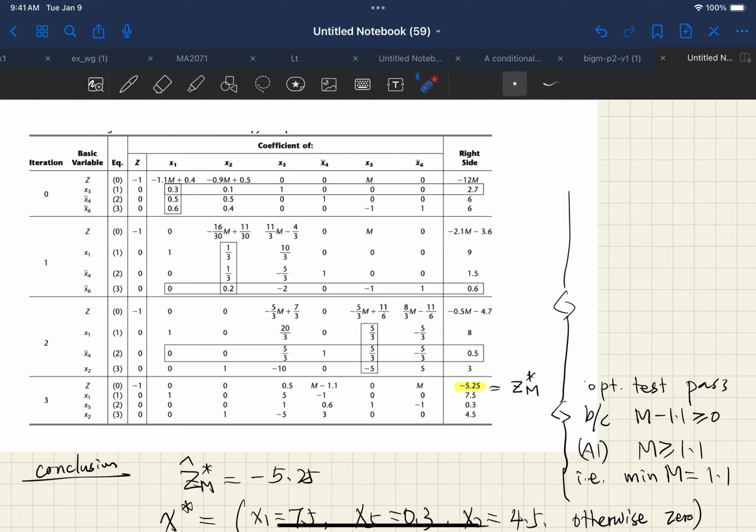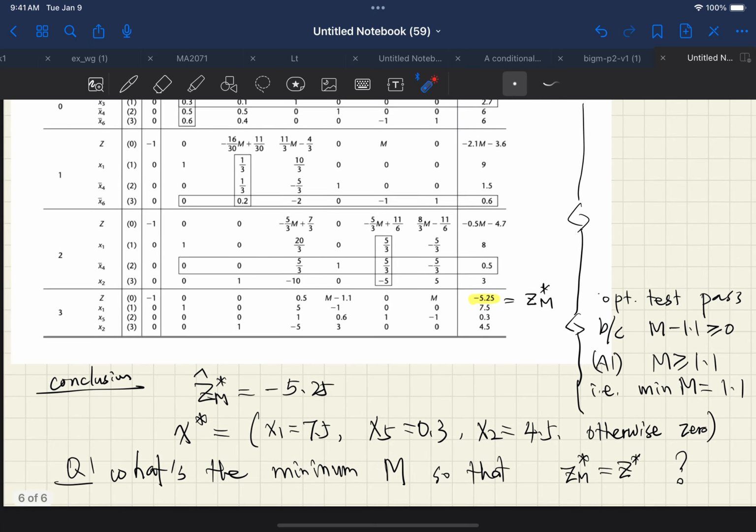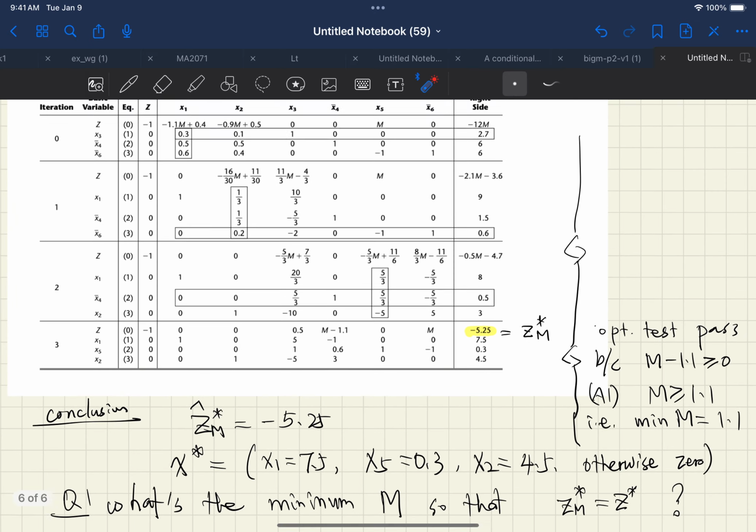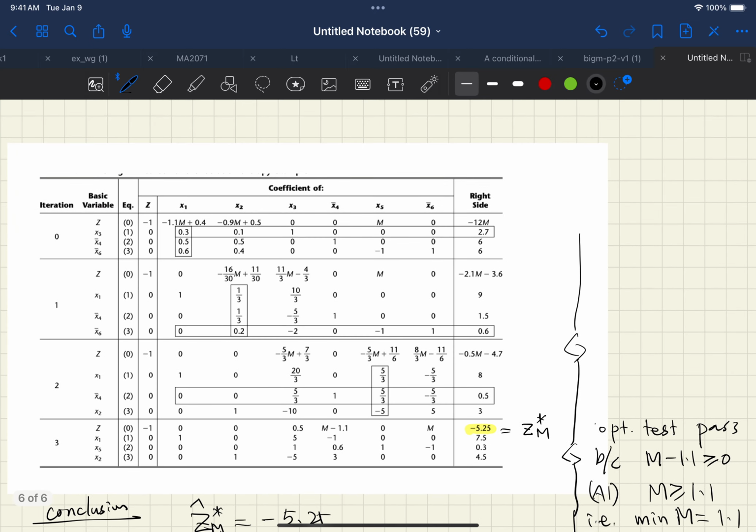Then we can look at a project. An interesting question we can ask is: what happens as M is changing? When M changes, it changes ZM star.